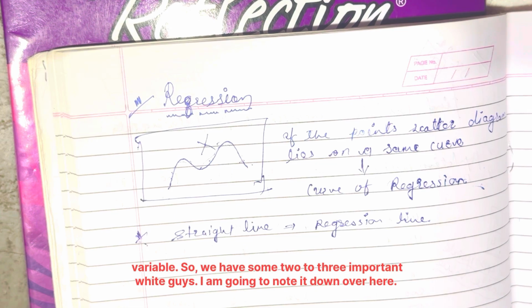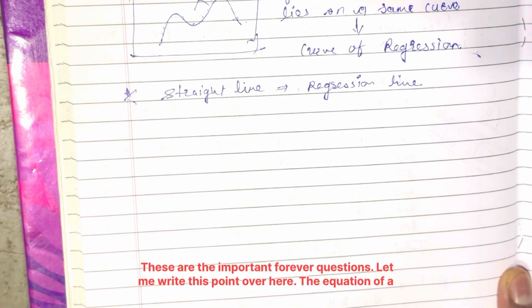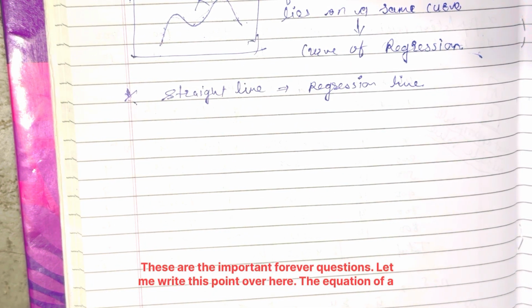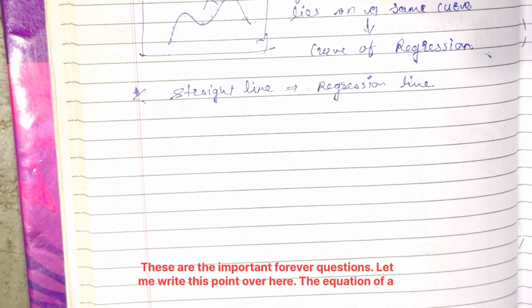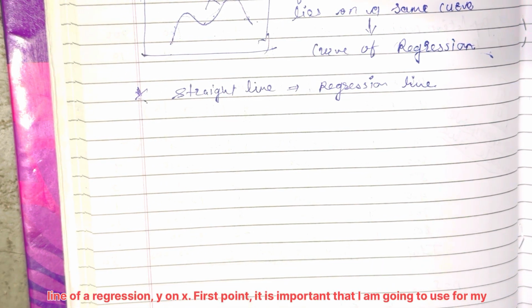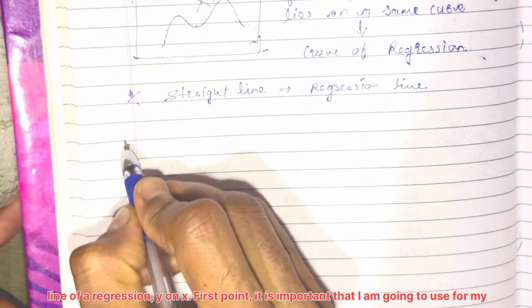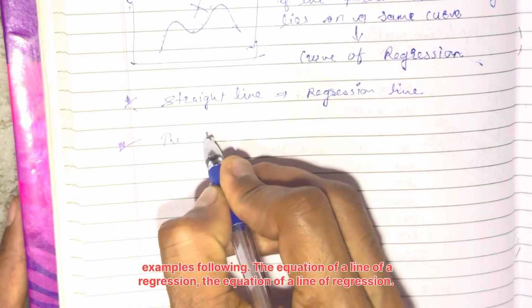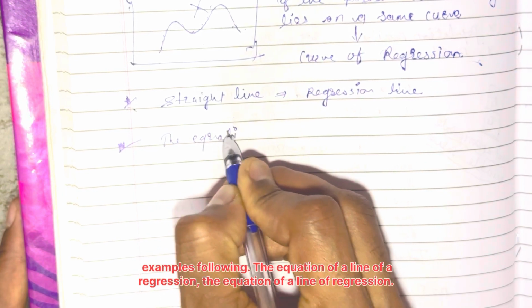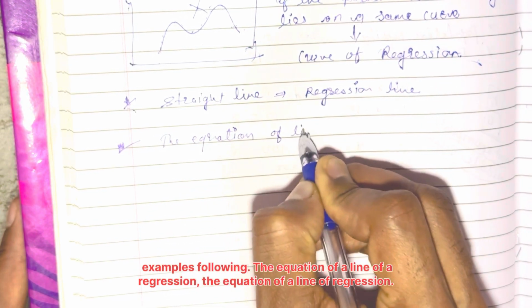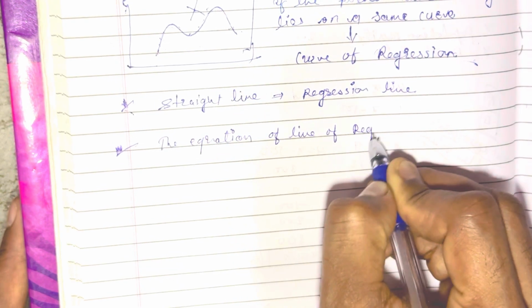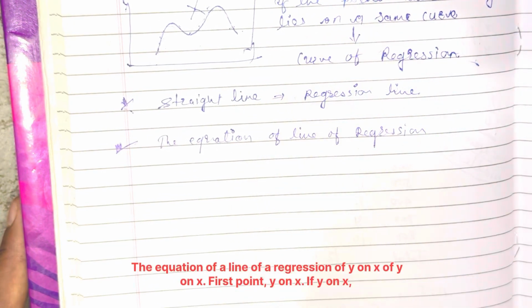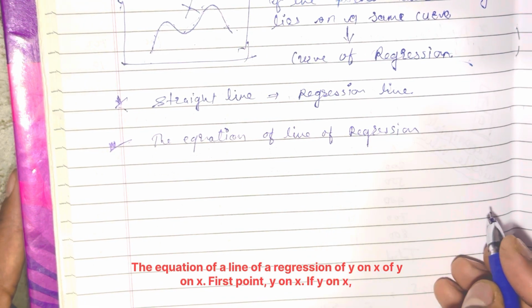We have some 2 to 3 important points guys, I'm going to note them down, as these are important for our question solving. The first point, which I'm going to use for my example solving: the equation of a line of regression of y on x.